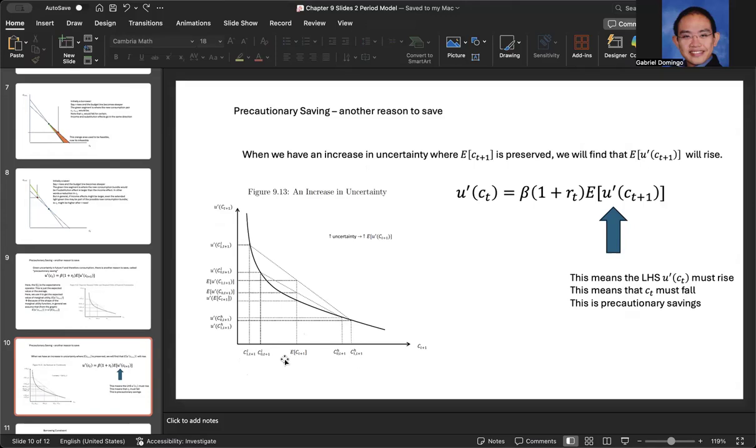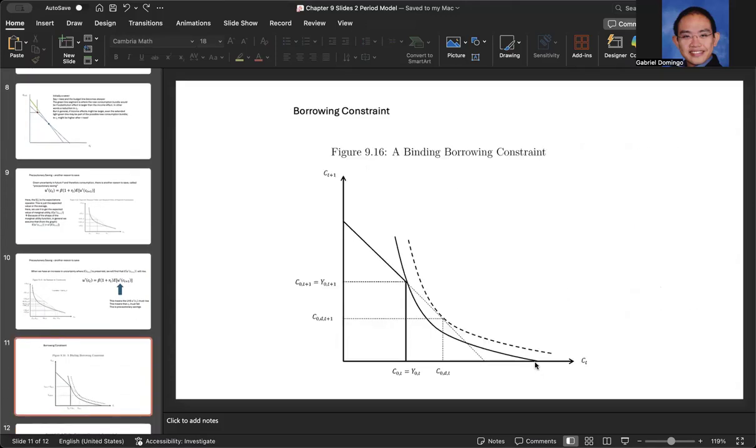The point here is what will happen to your expected marginal utility. So notice that this is the old expected marginal utility. Your new expected marginal utility is higher here. So an increase in uncertainty will increase this term here, which will tend to make you want to save more or consume more in the future.